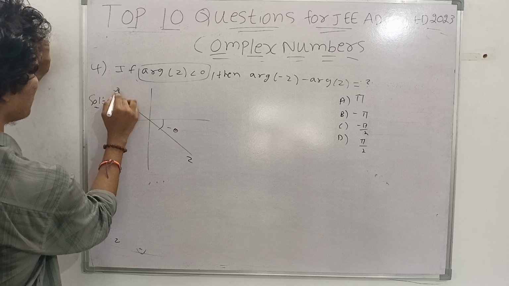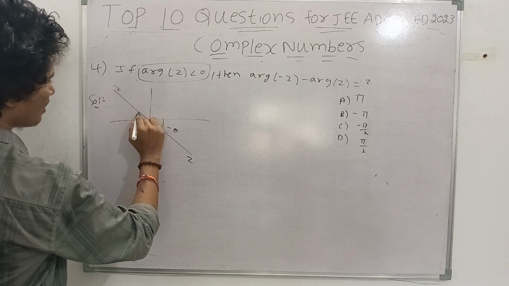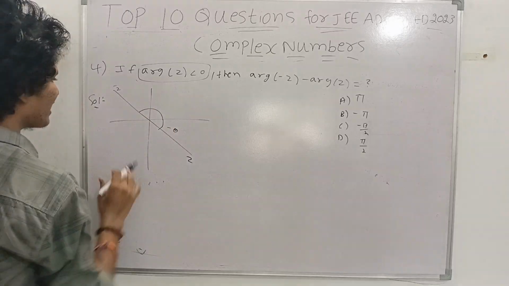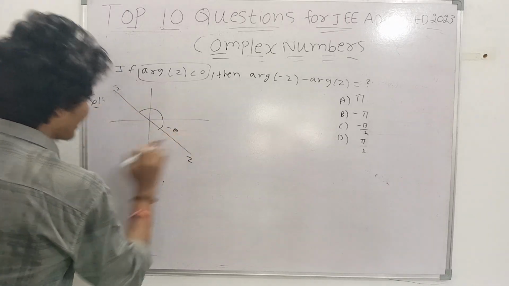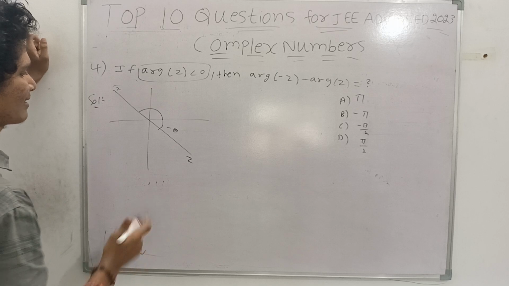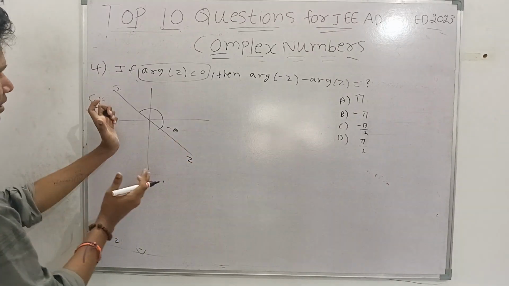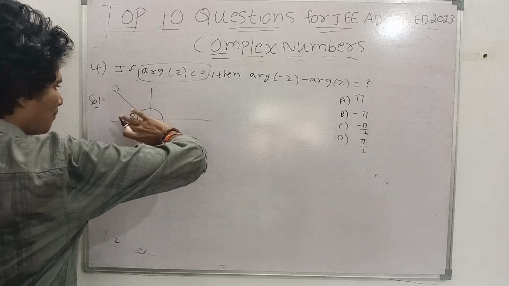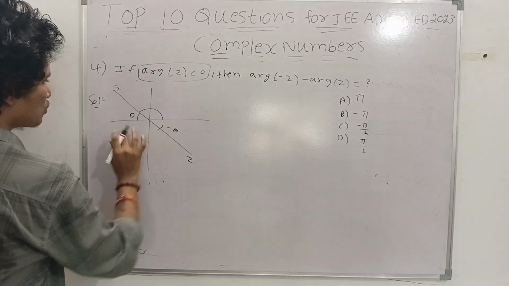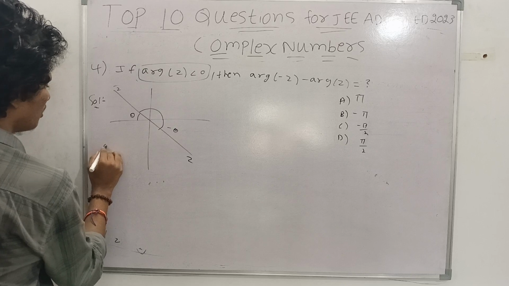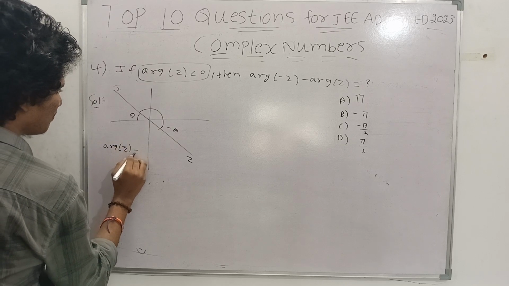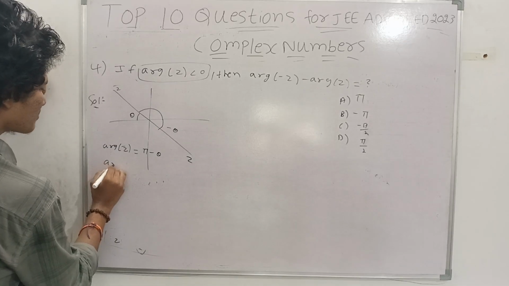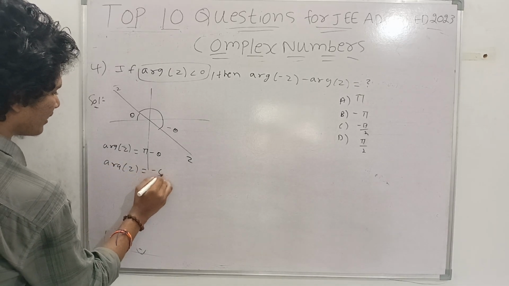This is z bar, and its argument is pi minus theta. And the argument of z is minus theta.